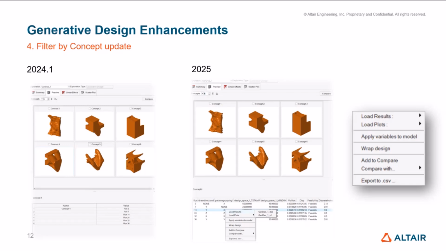And if you wanted to interrogate any of those further, it was a little disjointed. You'd have to jump back into the summary table. You can see in this example, it says runs 5, 7, 14, 24, and so on. You go back to the summary table, you could choose any of those runs that you wanted to interrogate further. You could load the results or have a look, but you had to go back and forth. So this was another user suggestion.